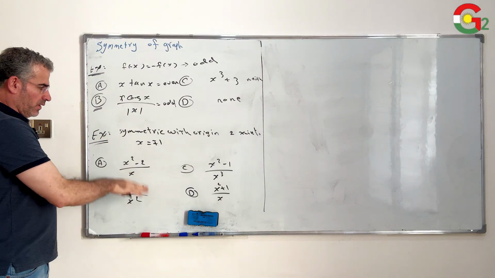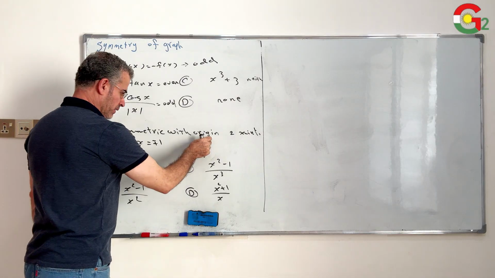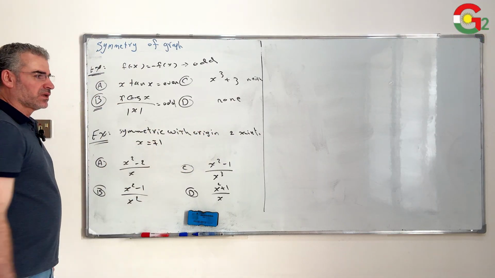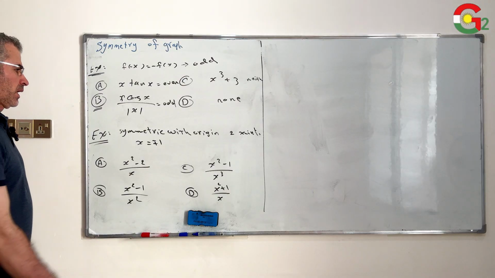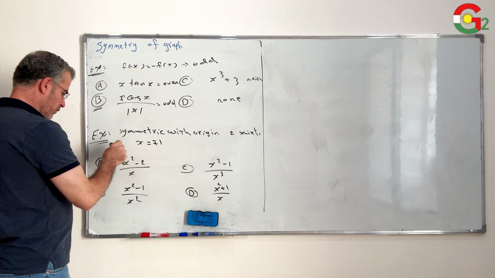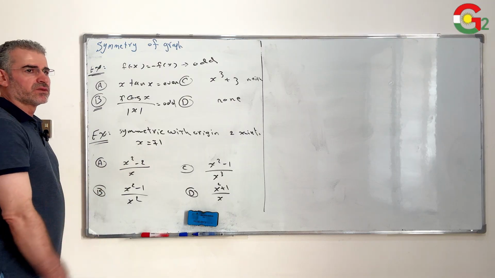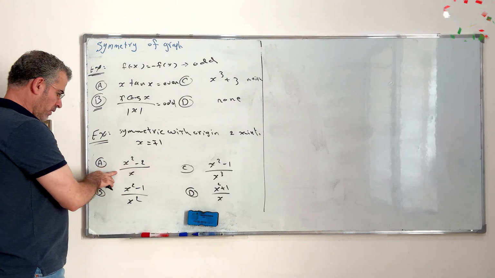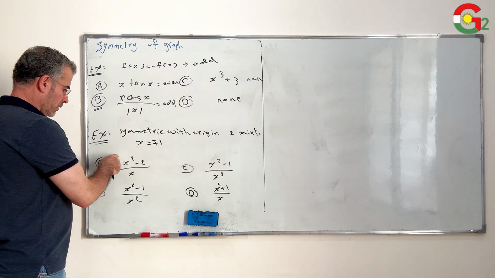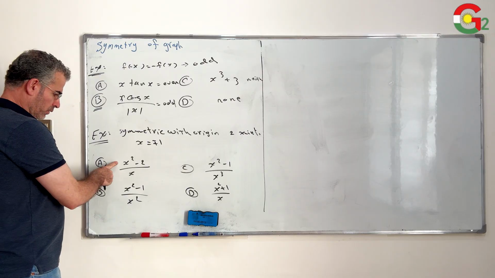Which of the following functions is symmetric with the origin and has two x-intercepts at x equals negative and positive 1? We know for the x-intercept we set y to 0 and solve to find x. If we set y to 0 here, then the x-intercepts are negative and positive square root 2.